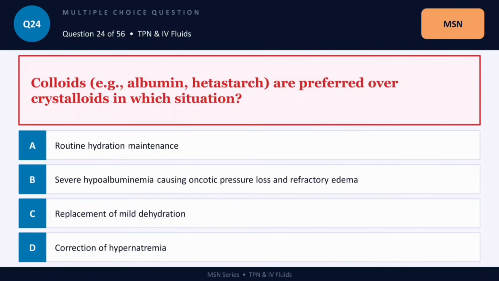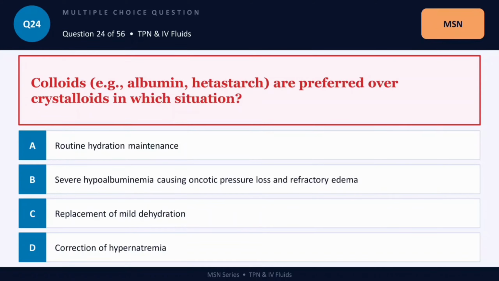Question number 24. Colloids are preferred over crystalloids in which situation? Option A, routine hydration maintenance. Option B, severe hypoalbuminemia causing oncotic pressure loss and refractory edema. Option C, replacement of mild dehydration. Option D, correction of hypernatremia.